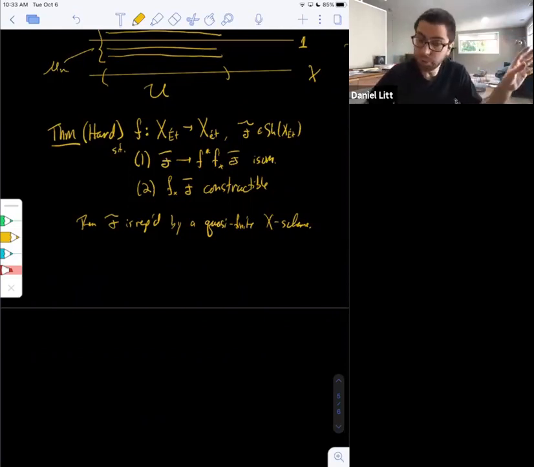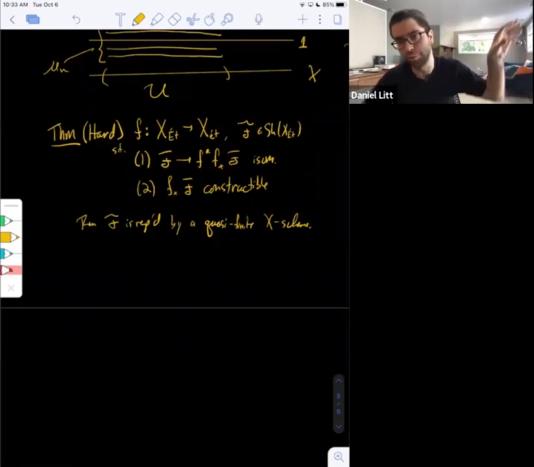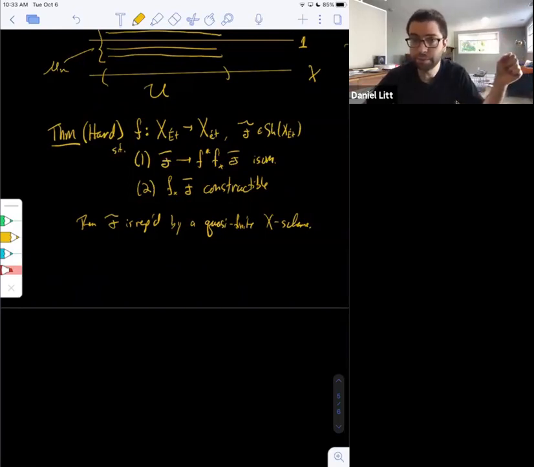If you just look at smooth X schemes, let's say X is smooth also, just for simplicity, that's a vector bundle, and the rank of that vector bundle is the dimension of T, right? So in particular, that can't be pulled back from X because its dimension is jumping.